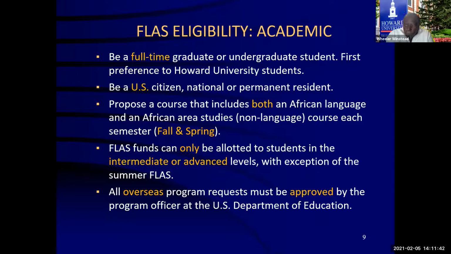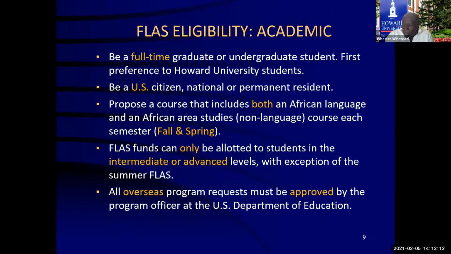You must propose a course that includes both an African language and an African studies course for both the fall and the spring. Again, this is a requirement. If you, for example, propose in the fall to take an African language and an African Area Studies course and fail to do that in the spring, you will be ineligible in the spring.